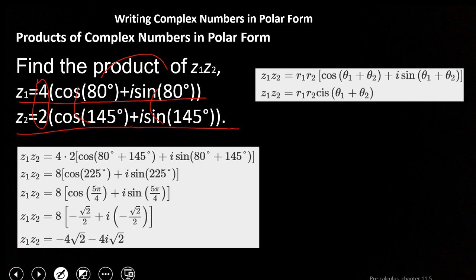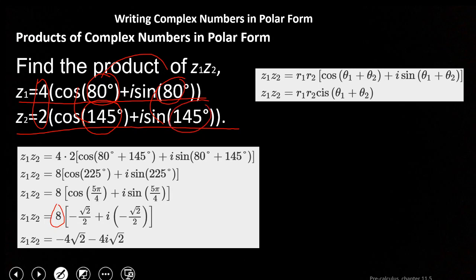So that's all there is to it. So 4 times 2 is 8, and then the angles: 80 plus 145 is 225, and we get 225 here.